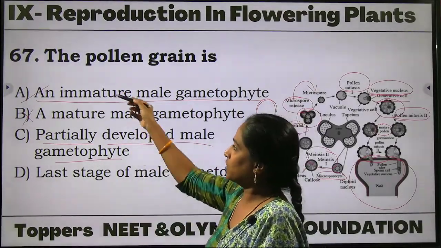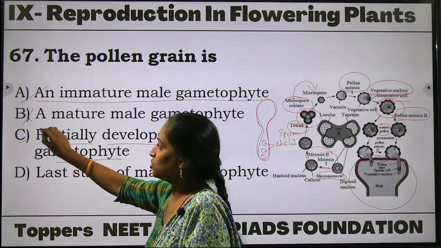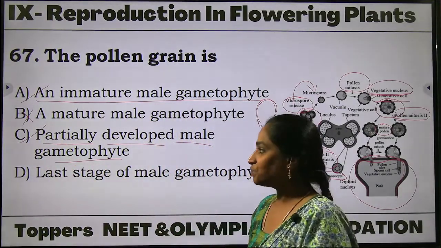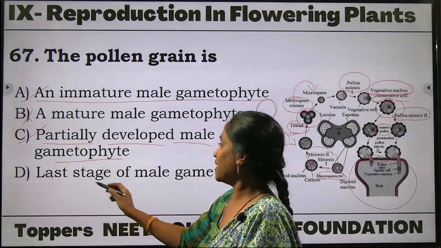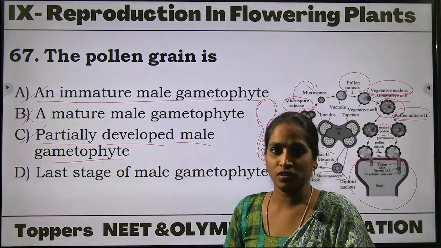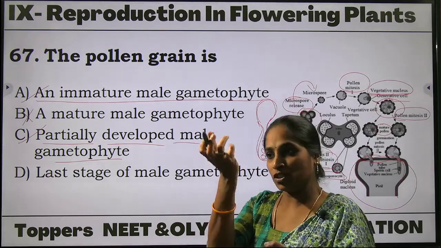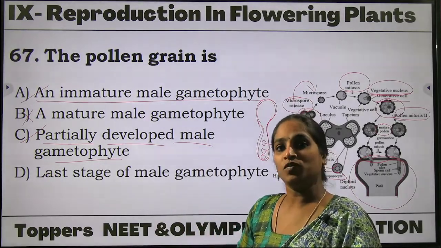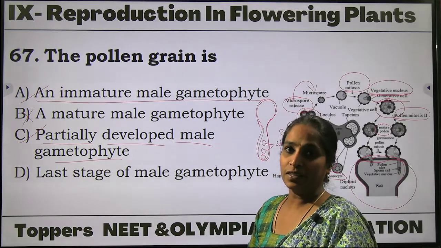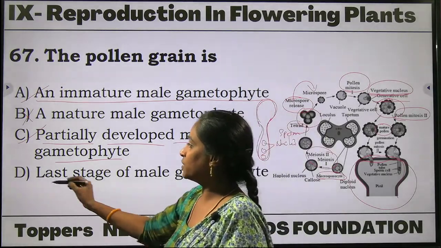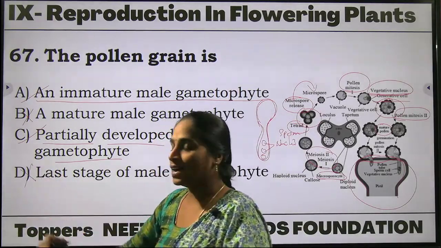Coming to the last one, the last stage of male gametophyte: no, after forming the pollen grain it has to burst open, and then the pollen tube is generated by the vegetative cell. This is not the last stage.